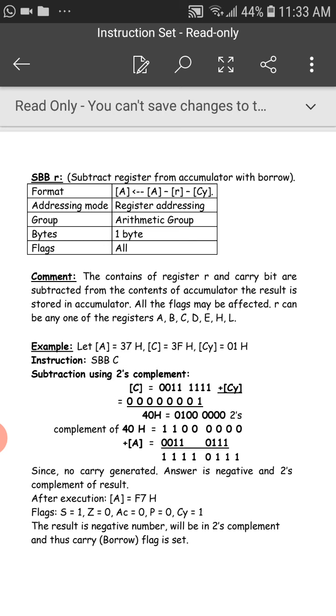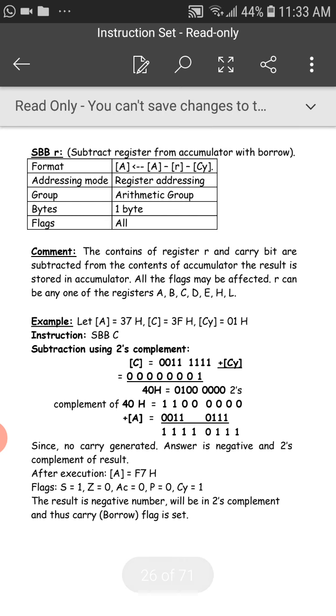So if accumulator contains 37 and C contains 3F, and carry contains 01, then after executing these instructions, subtraction is done using 2's complement. You have to take 1's complement of 3F and then plus 1 and then add carry.